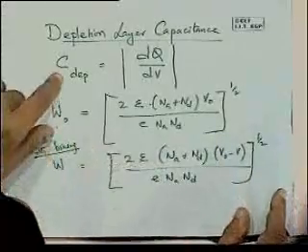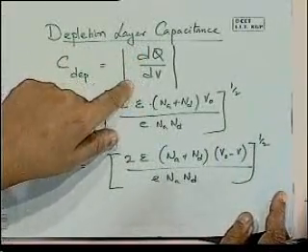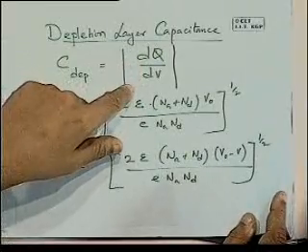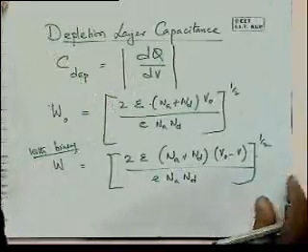Now what we want is an expression for the charge stored in terms of voltage, and then if we get that in the depletion layer, we can differentiate that to get the depletion layer capacitance.